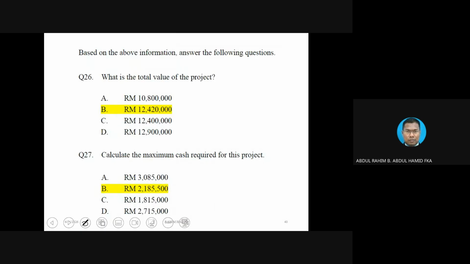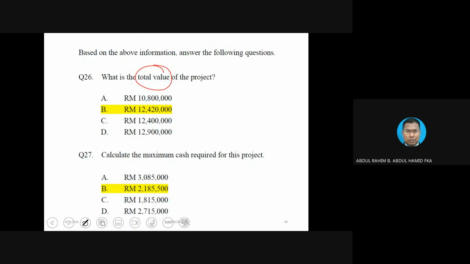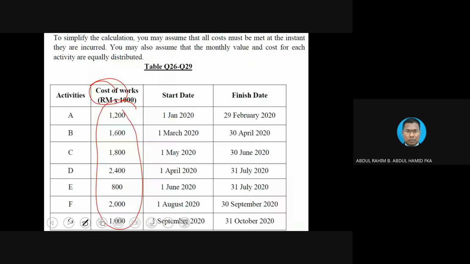And what you need to do, again, when the cost is given, of course, we ask you the value. How to get the value? Very simple. The cost is there already. Can you add up all this amount? When you add up all that amount, I think you are going to get the cost.